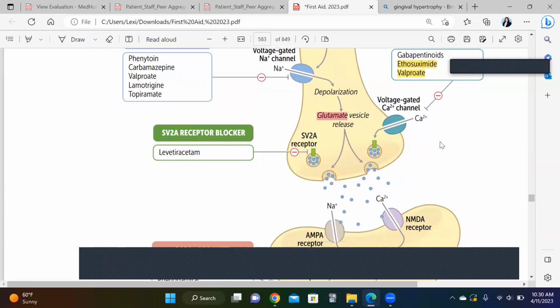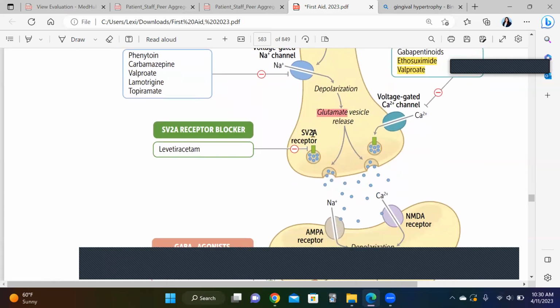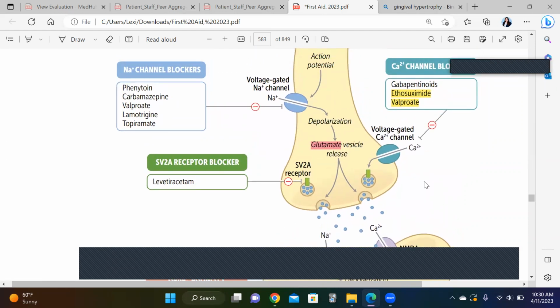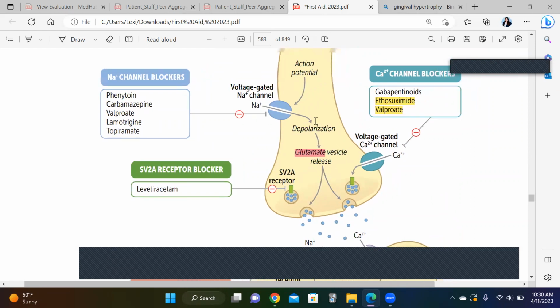Exactly, so we want to block that. And these SV2A receptors that levetiracetam blocks are just allowing these vesicles to actually be released. Notice that's what the calcium does too. In all neurotransmitters, we usually talk about the calcium being the final release, whereas the sodium is the propagation of those action potentials. Okay, so does that make sense?